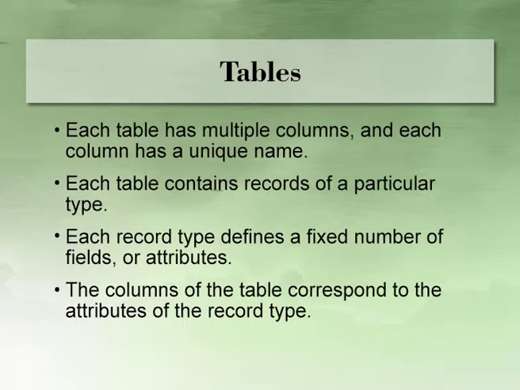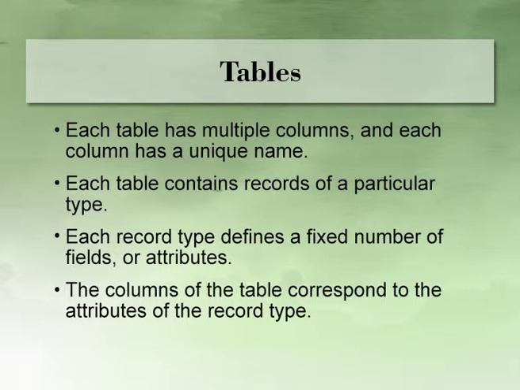The basic construct, or the basic relational instance, is called a table, and each table has multiple columns. You can call them fields or attributes, whatever you want, and each column has a unique name.